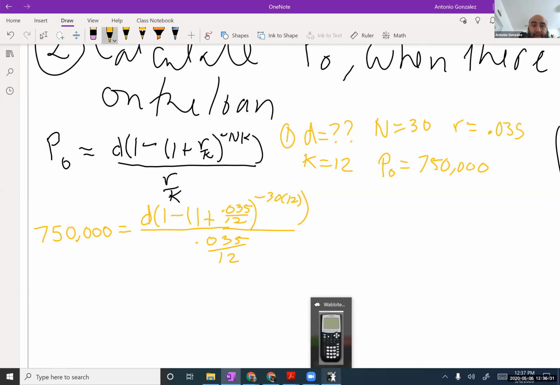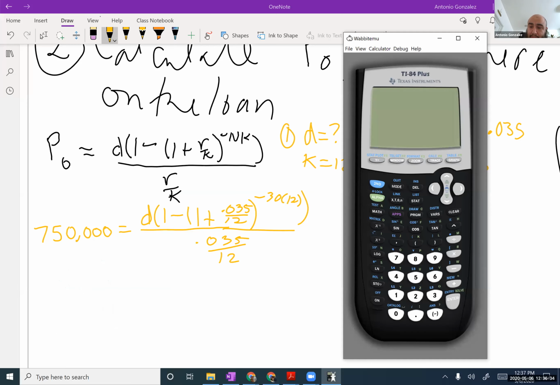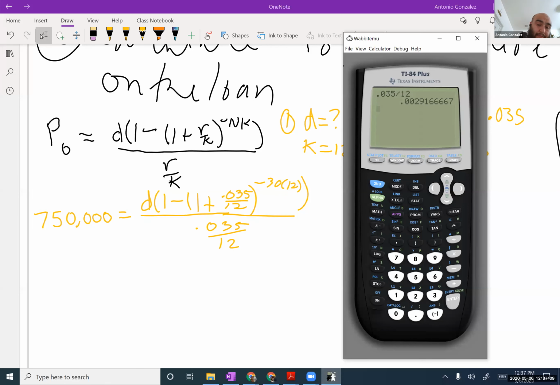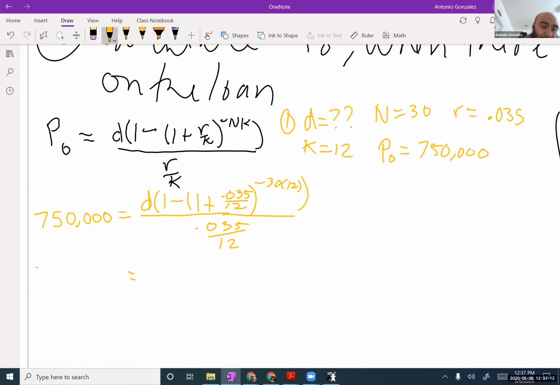I'll bring my calculator up here. I'll start with the denominator, so we'll plug in 0.035 divided by 12. Again, I'll go to 4 decimal places, so my denominator will be 0.0029.